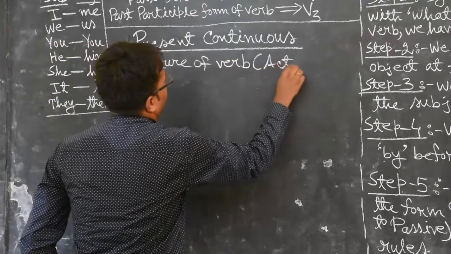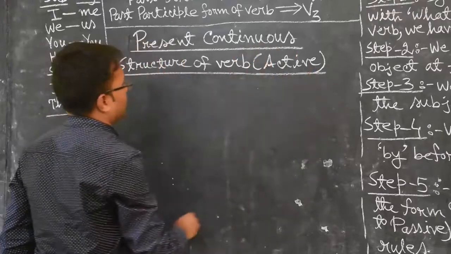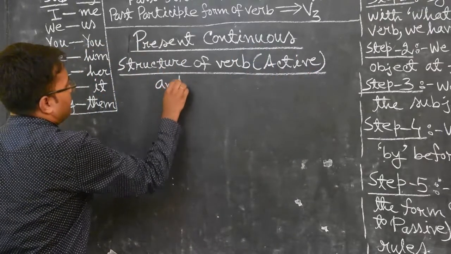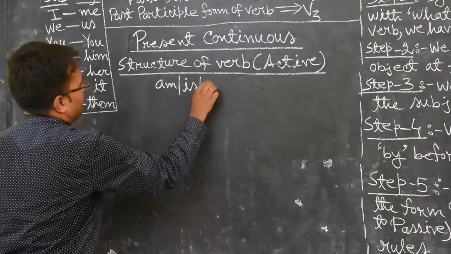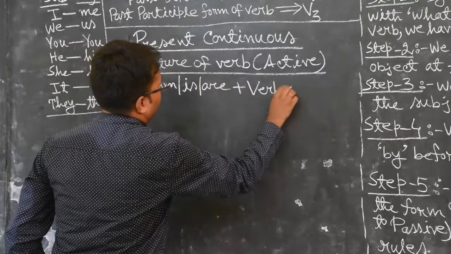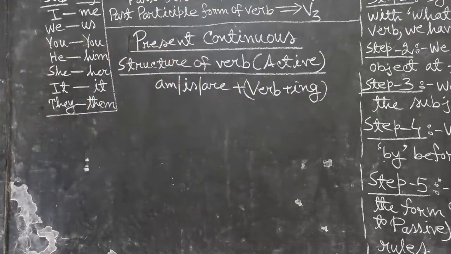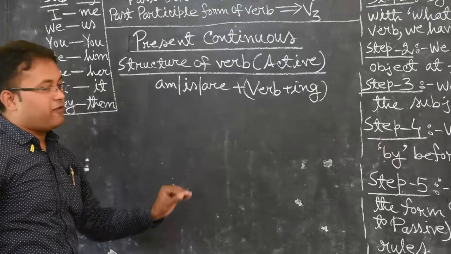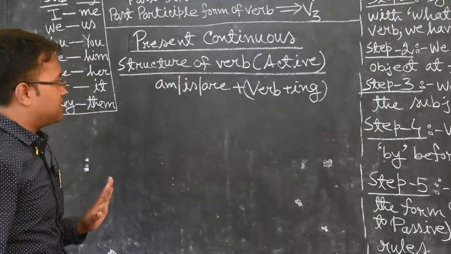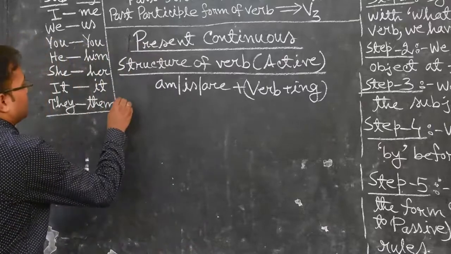Active: am, is, are plus verb plus ing. This is the structure of verb in active voice of present continuous tense. Okay.